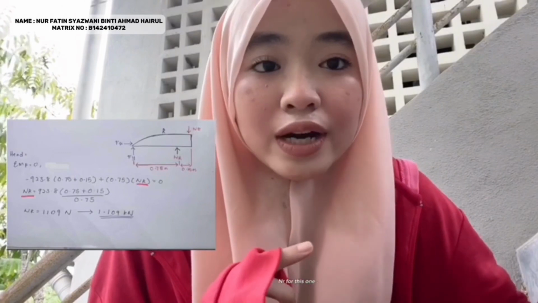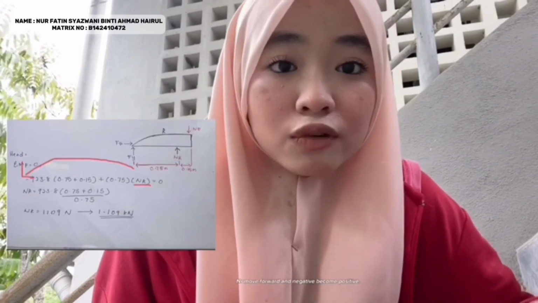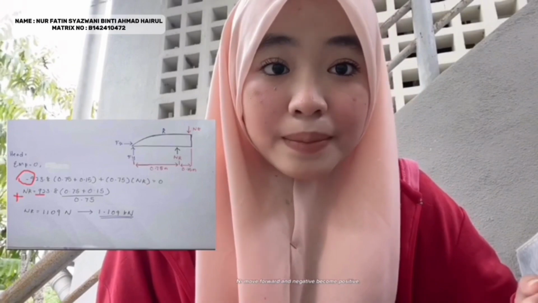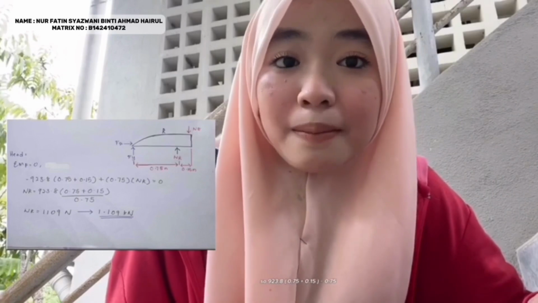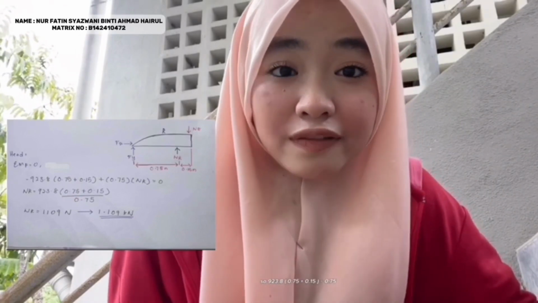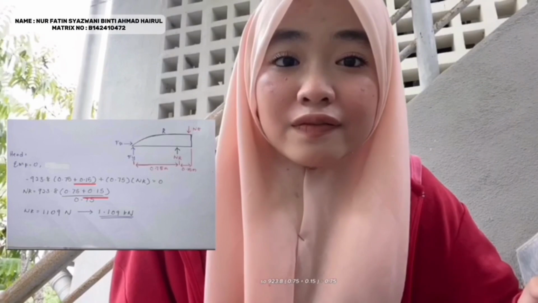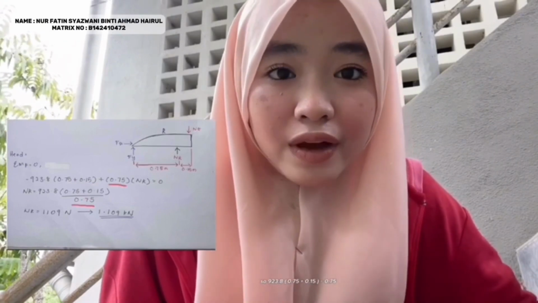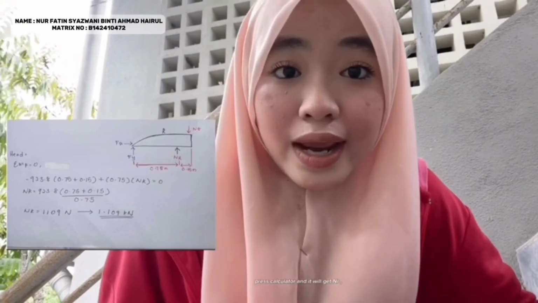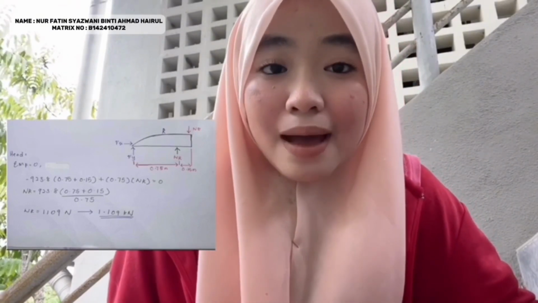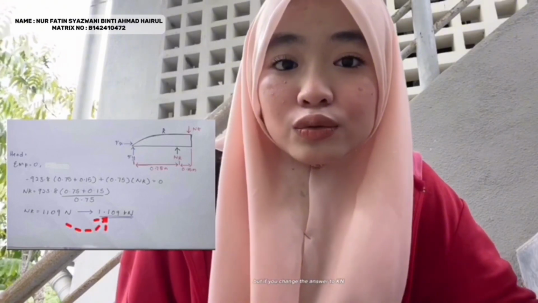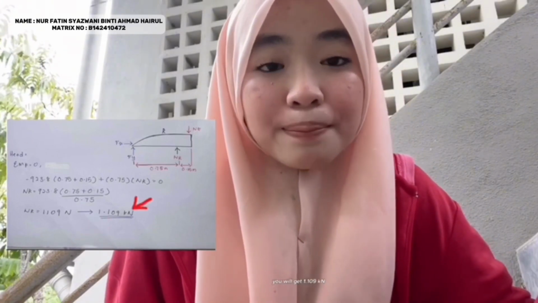NR moves across and the negative becomes positive. So 923.8 multiplied by 0.75 plus 0.15, divided by 0.75. Pressing the calculator, we get NR as 1109 Newton. If you change the answer to kN, you get 1.109 kN. So that's all from me. Thank you. Bye.